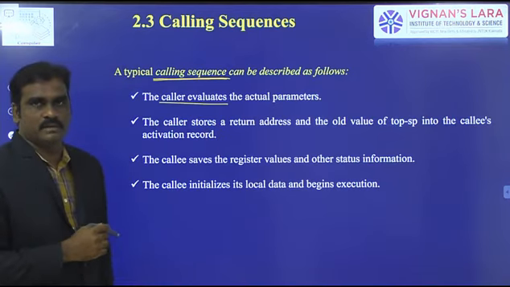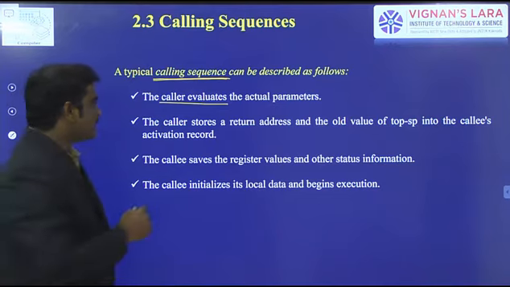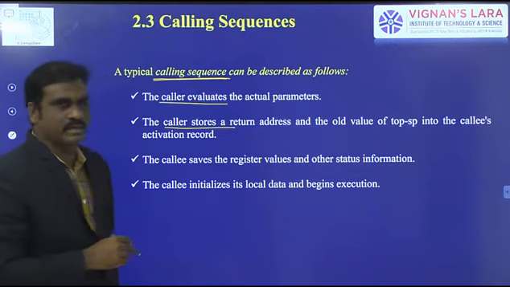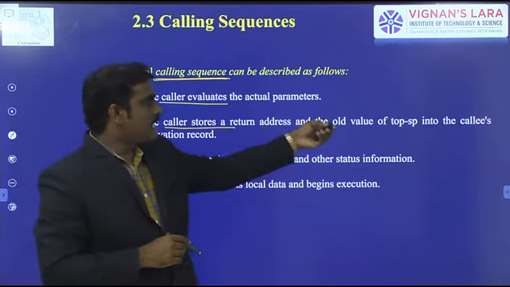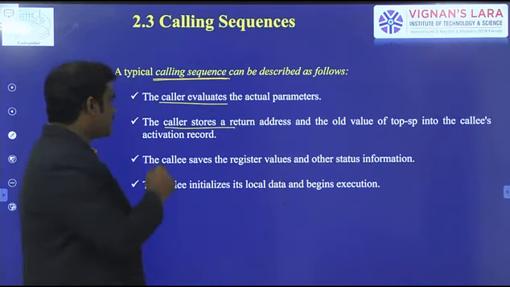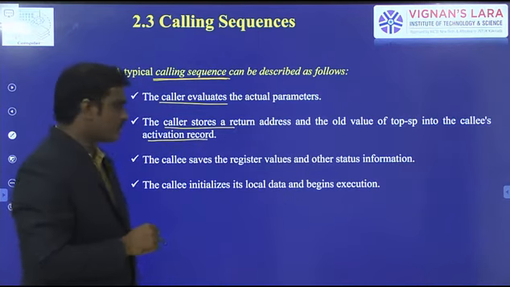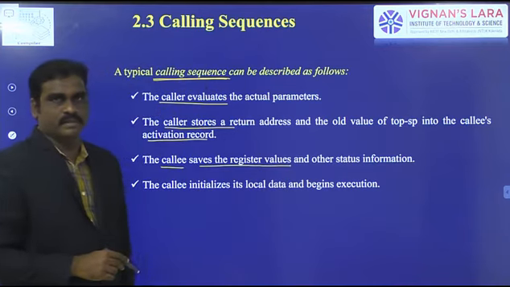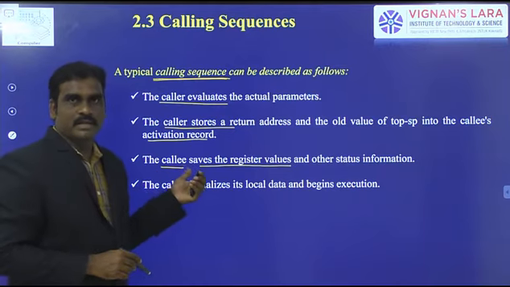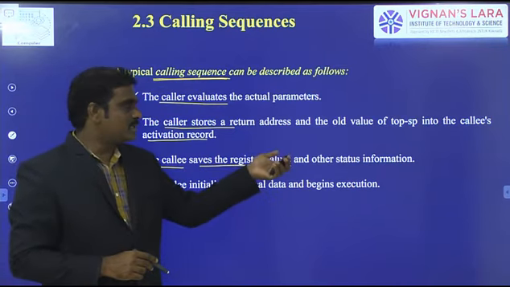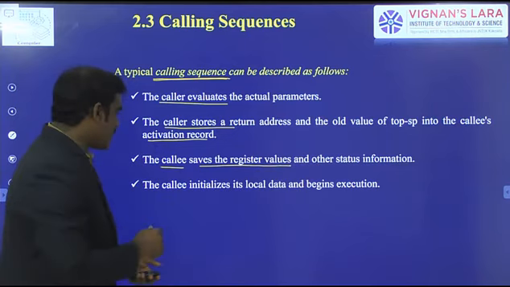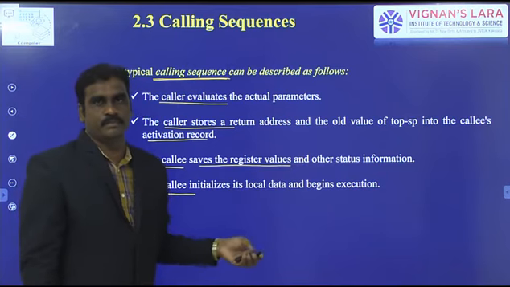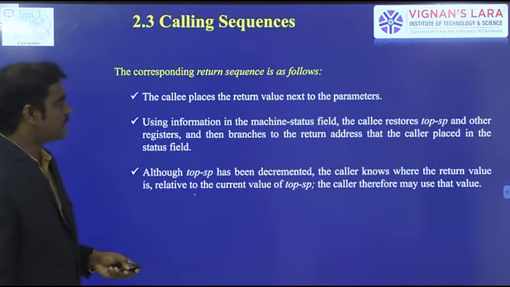The second point is the caller stores a return address and the old value of top of the stack into the callee's activation record. The callee saves the register values and other status information. And the last one is the callee initializes its local data and begins execution. This is about the calling sequence.